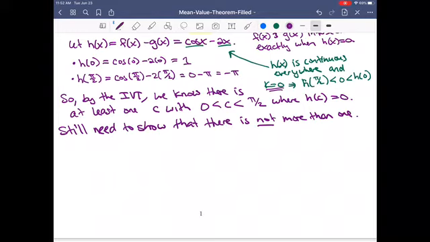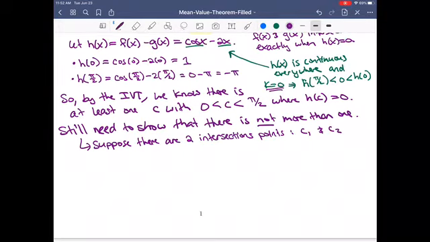Okay, and this is where Rolle's theorem comes in. So let's suppose there are two intersection points, let's say at C1 and C2. We don't know where they are, it doesn't matter.